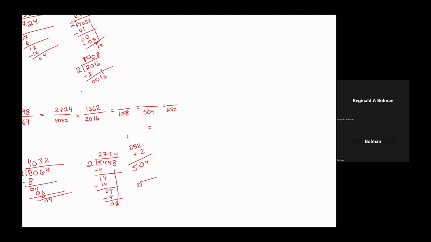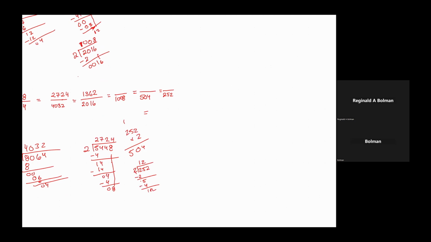Let's see. 1 time, you get 0. Drop your 5. 2 goes into 5 twice. Drop your 2. So 126 at some point. And naturally, we would eventually be able to reduce that to 63, because 63 times 2 would, in fact, give you 126. Okay, so it looks like our denominator will eventually divide out into 63, assuming that our numerator also divides out.